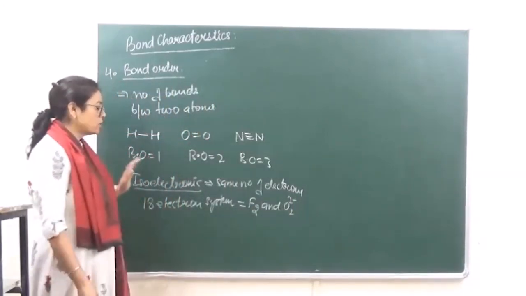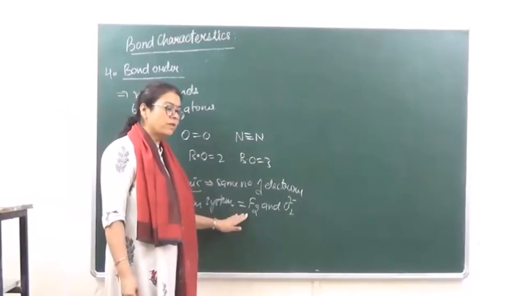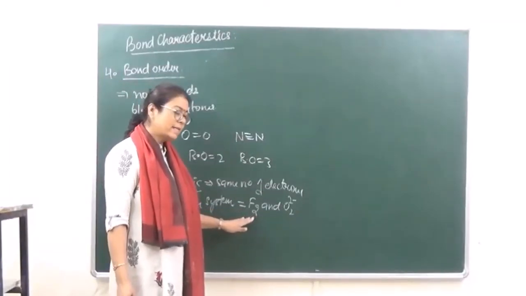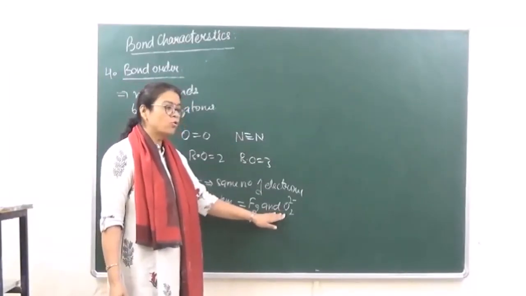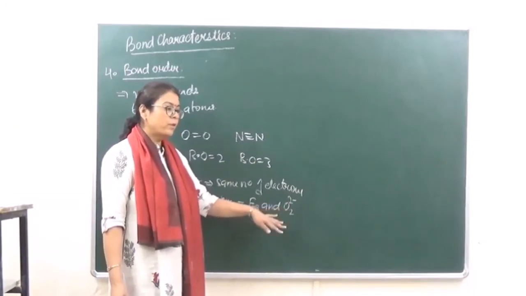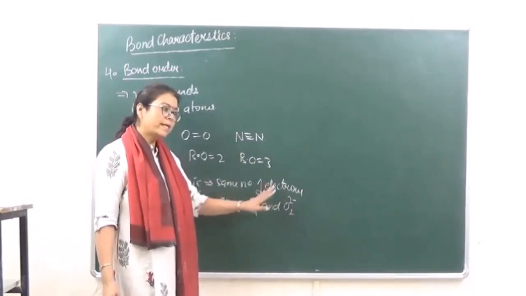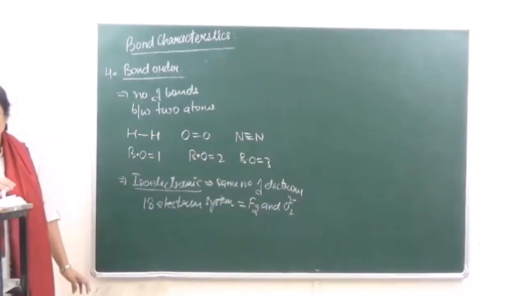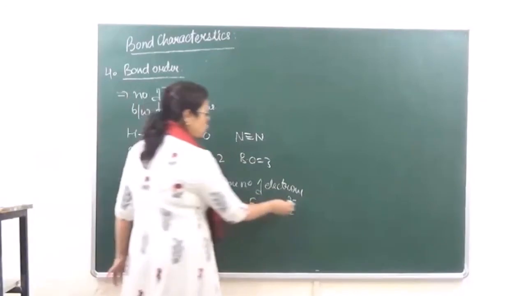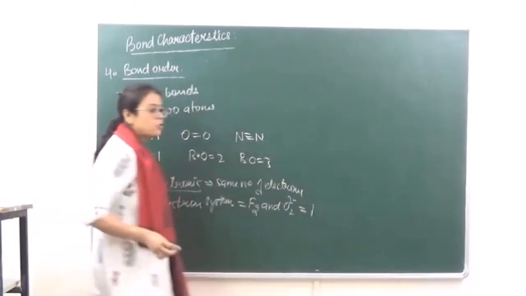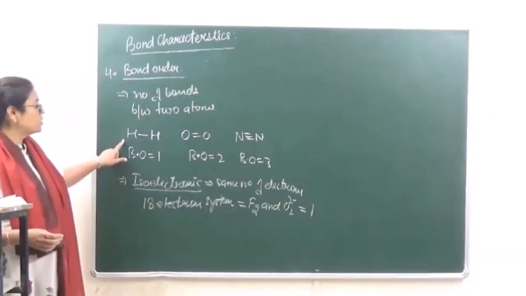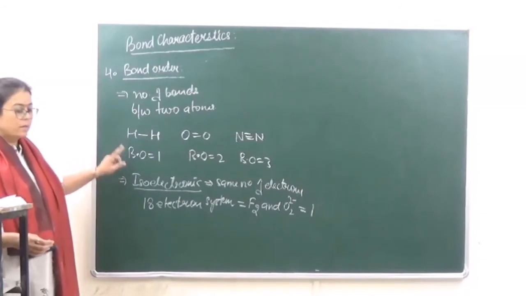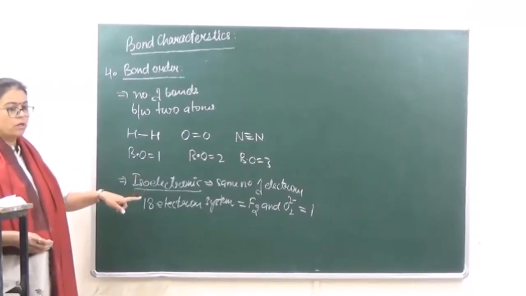The number of electrons in fluorine, 9 electrons in 1, so 9 2s are 18 electrons. उसी तरह से O2 2 negative में 2 into 8 is 16, 16 plus 2 is 18 electrons. So all those 18 electron systems, they are going to have a bond order of 1. This you have to remember. Don't take into consideration hydrogen over here. The bigger molecules we are talking of.